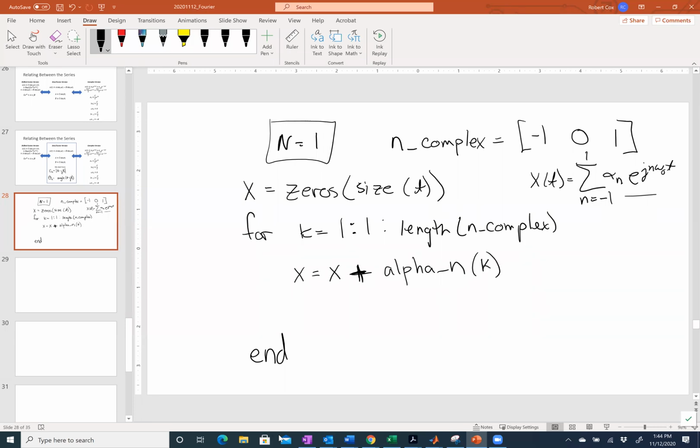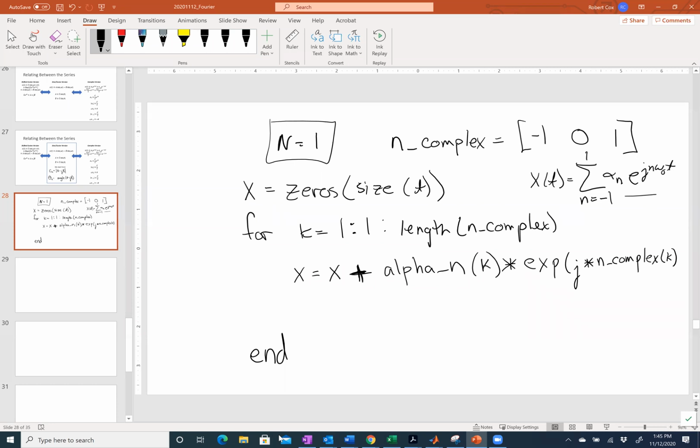Times what? E to the j, exponential. What? J times, you're close. J N complex, times whatever the value of n complex is at k, right?